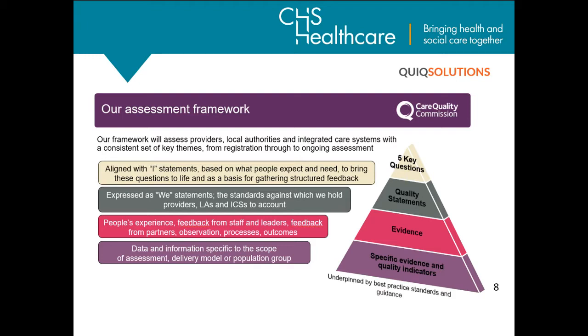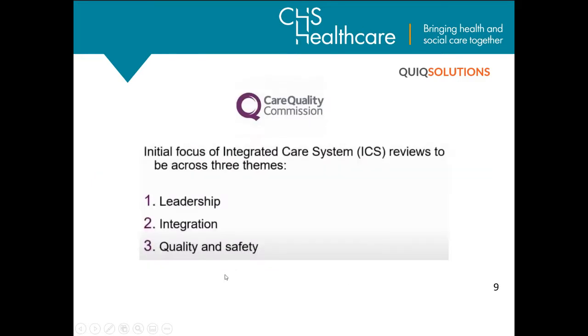The we statements are how people expect to deliver that. And then there's a big chunk which is based on evidence, and things which keep coming up are people's experience, feedback, and regular data collections and feedback guiding the risk that CQC think a particular provider may or may not provide. So a different sort of format is likely to come out earlier next year, I think, is the likely view that becomes live.